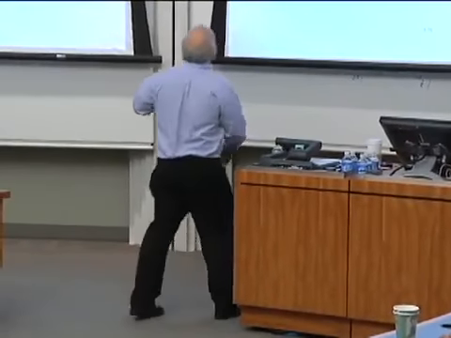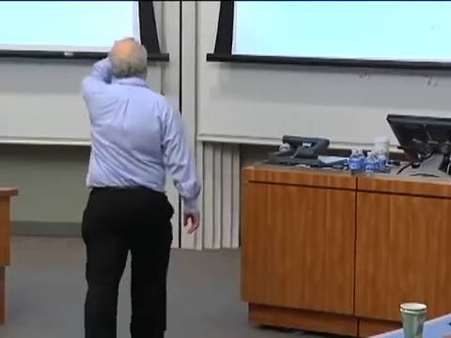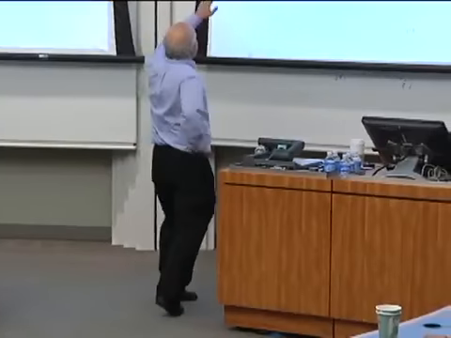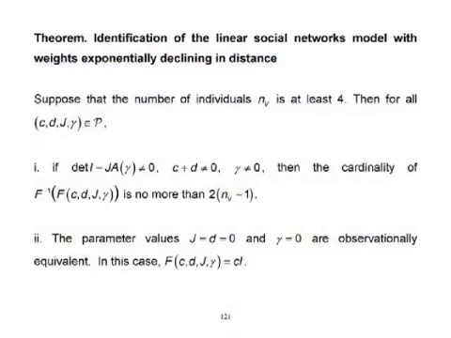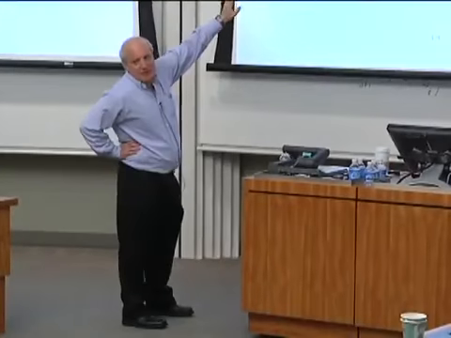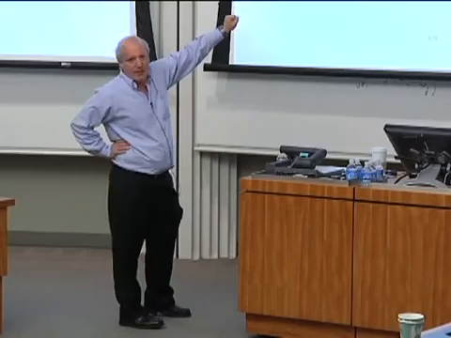Because what happens is, for that particular model, what you have is something called complete identification. Let me just say what it says. You need at least 4 individuals in this population. I misspoke.